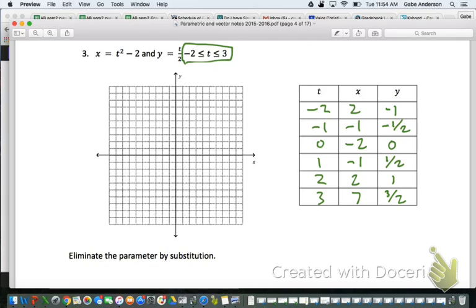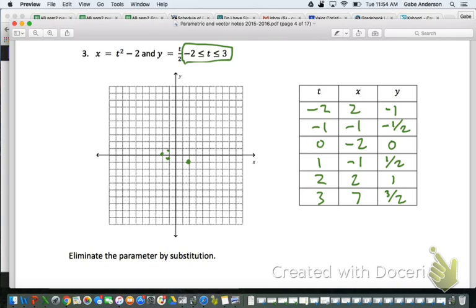So let's see here. I've got 2, -1. Right about there. -1, -1/2. Right about there. -2, 0. Right about there. -1, +1/2.